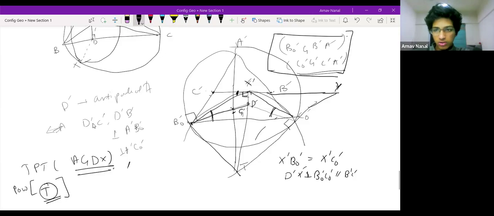Okay, so I'll give you a hint because we're already very much over time. Can you show that Y lies on this circle? Select the second one.